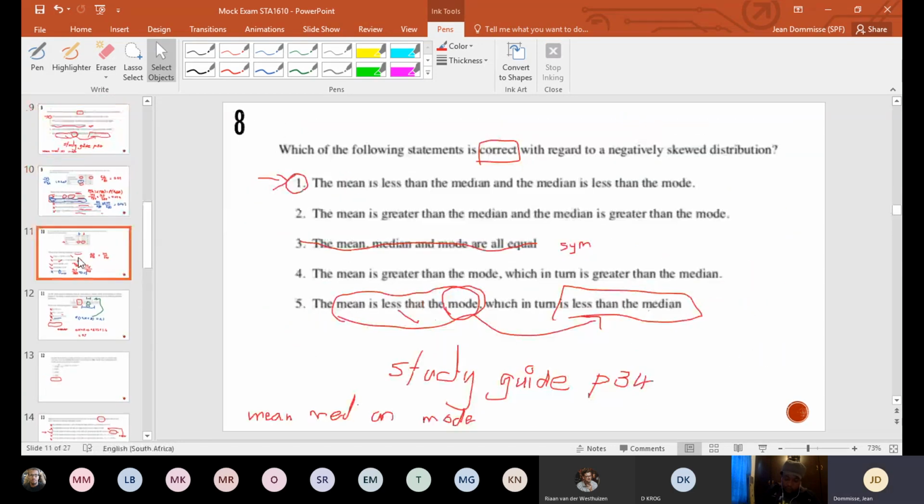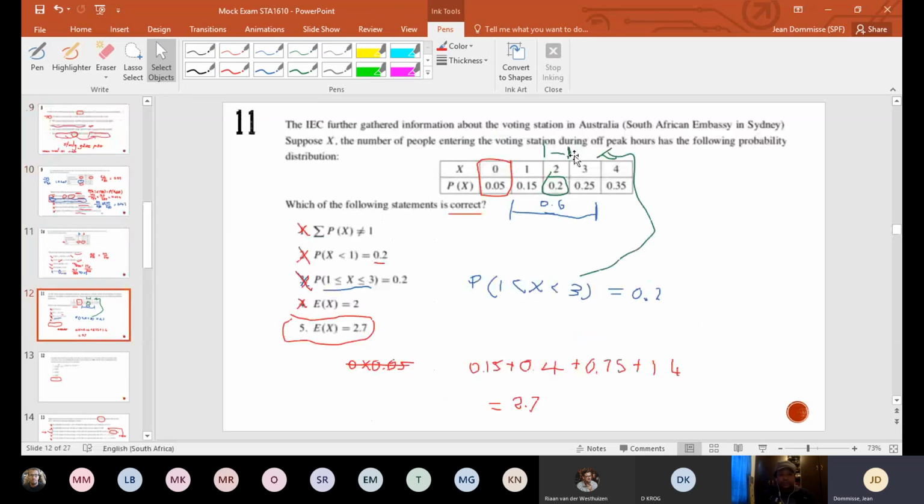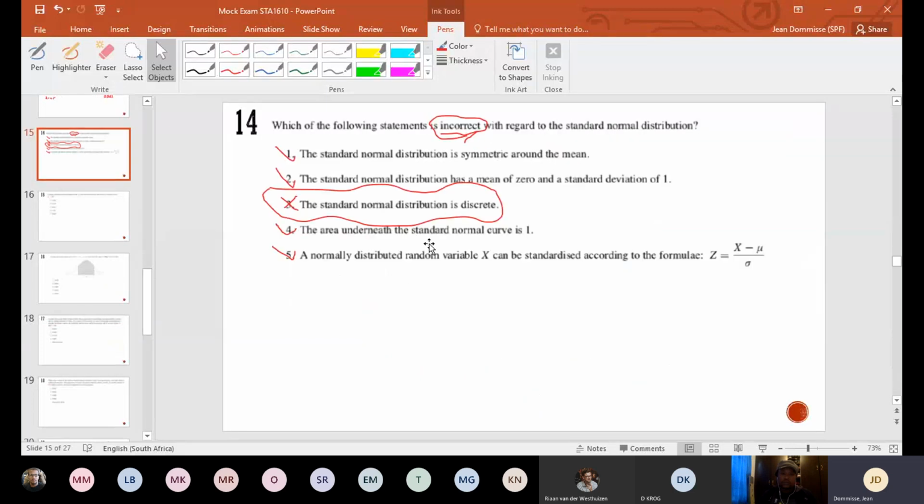Let me show you. That was discrete. So for x1 there's a probability, for x2 there's a probability. If we look at the normal distribution and you look at the table, you can see that it's not discrete, because for an x that is equal to 1.1111, there's a probability, etc. Okay, so the normal distribution is definitely not discrete, so that is the incorrect one.